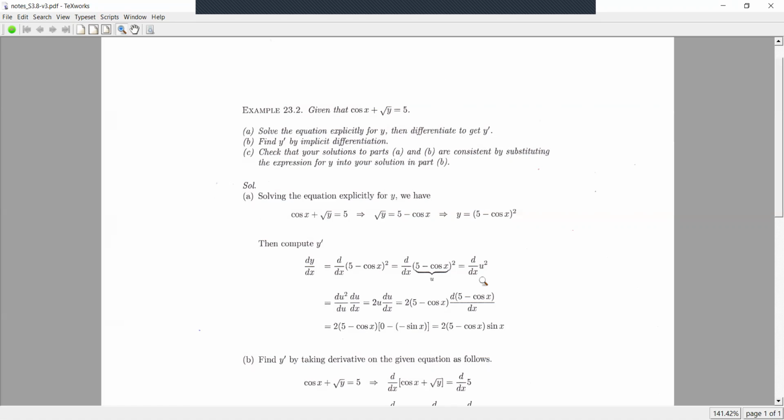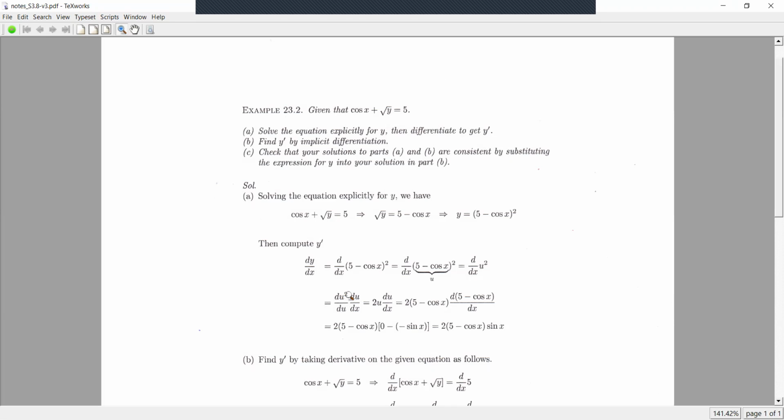We need to apply the chain rule. Insert du in the denominator and du in the numerator. Then this derivative is equal to this derivative times this derivative.